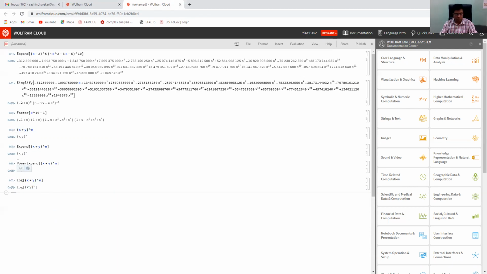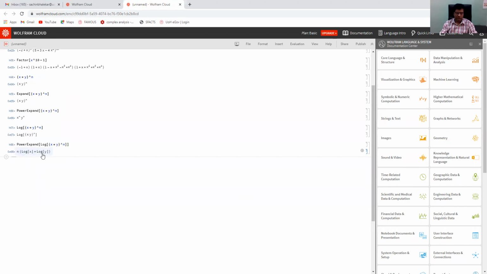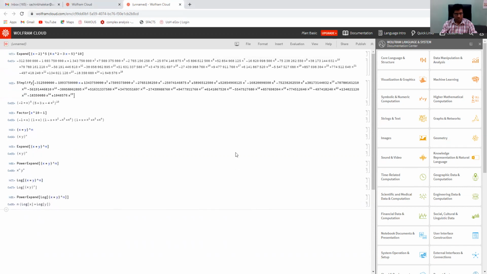So what we do, we use PowerExpand. Now this is the required result. This was the first point about expanding, simplifying, factorization, etc.